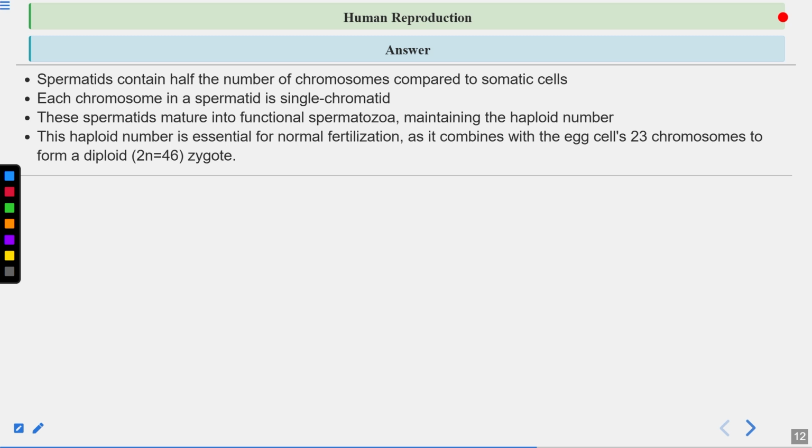That's why meiosis is very important. Now, this haploid number of the gamete is essential for normal fertilization, as it combines with the egg cell's 23 chromosomes to form a diploid zygote. This we have already discussed. The chromosome number is maintained in the zygote.